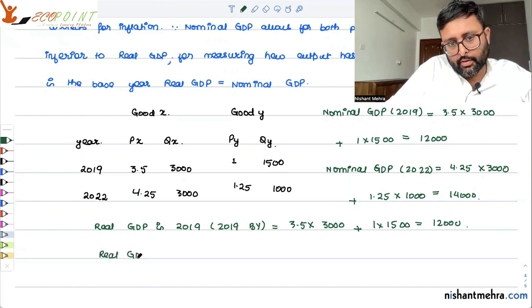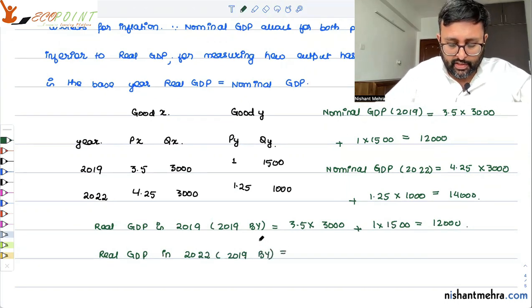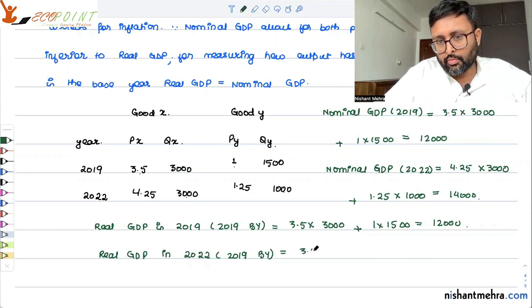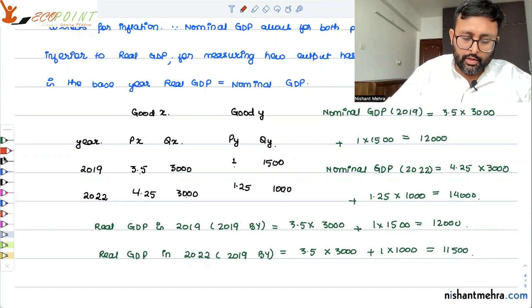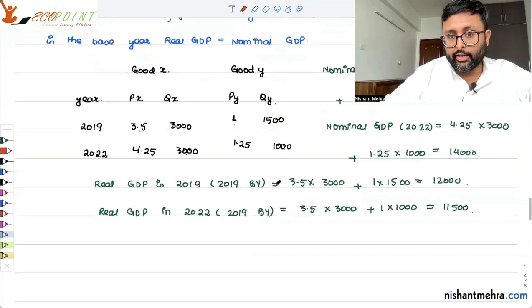And real GDP in 2022, keeping 2019 as the base year, will be 3.5 into 3000 plus 1 into 1000. That comes out to be 11,500.